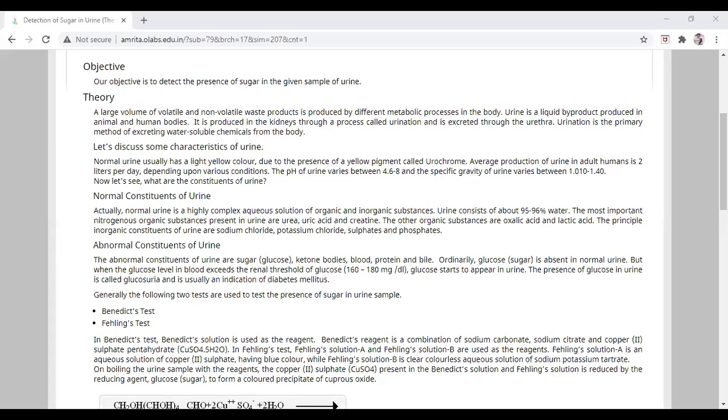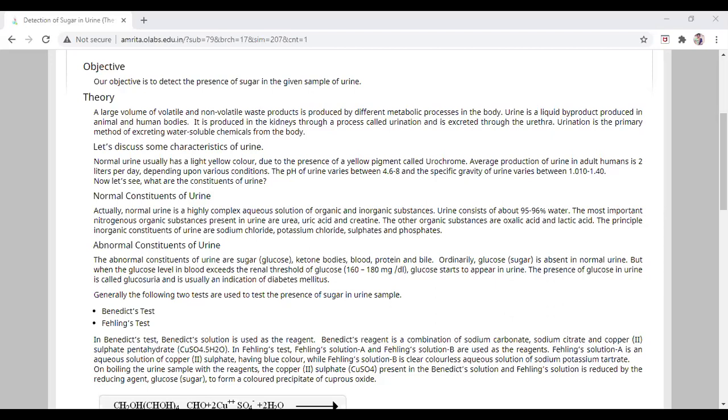Abnormal constituents of urine: when a patient has a medical condition, then we say that the urine constituents become abnormal. Along with the normal constituents, urine also has sugar, glucose in it, ketone bodies, blood, protein, and bile.